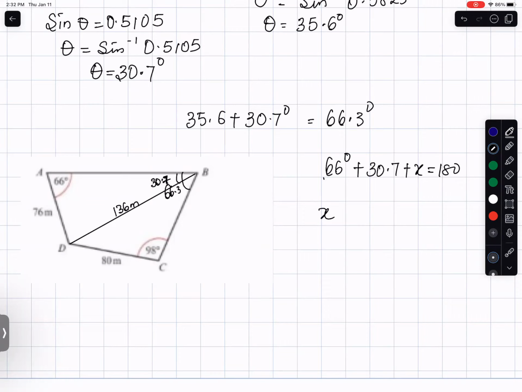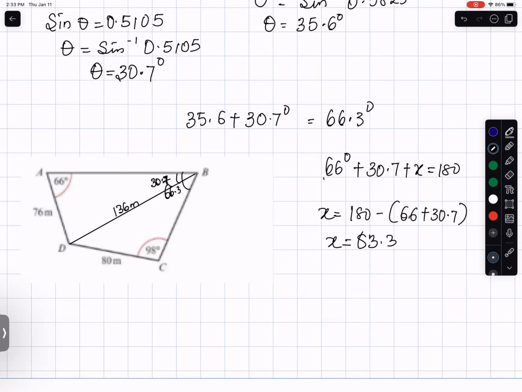So our x will be 180 minus 66 minus 30.7. I have 83.3. So my angle at that is 83.3.